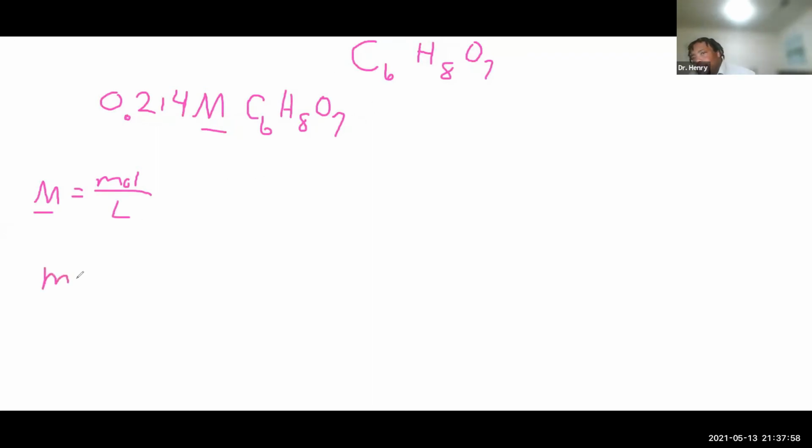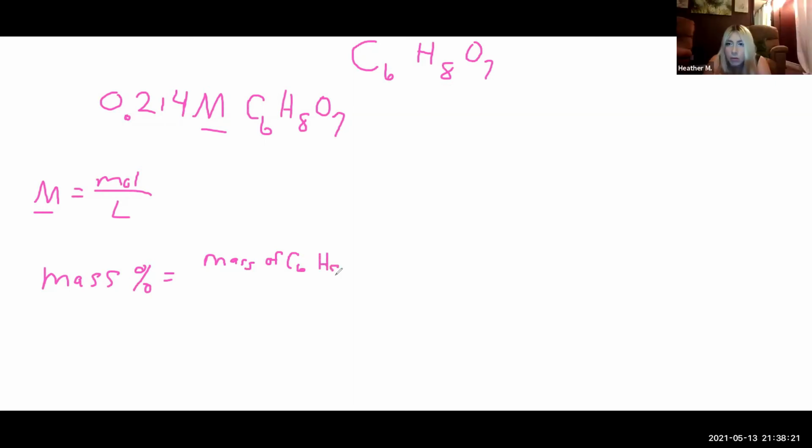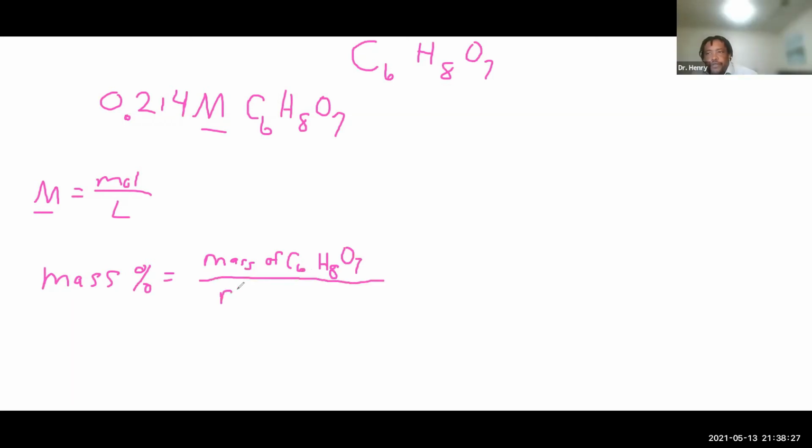We know mass percent is equal to the mass, in this case, of the citric acid, over mass of solution. And you said our solution was 1 gram, right?